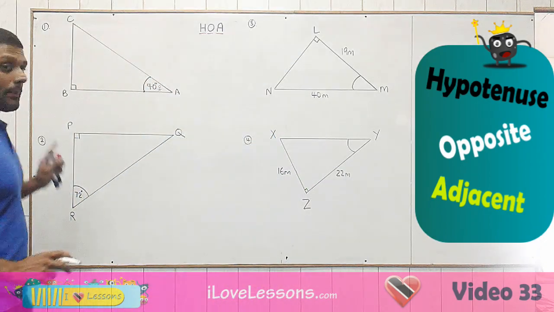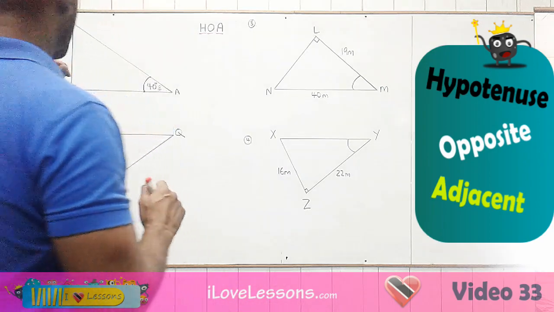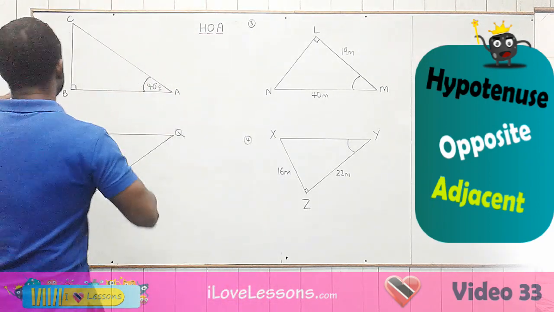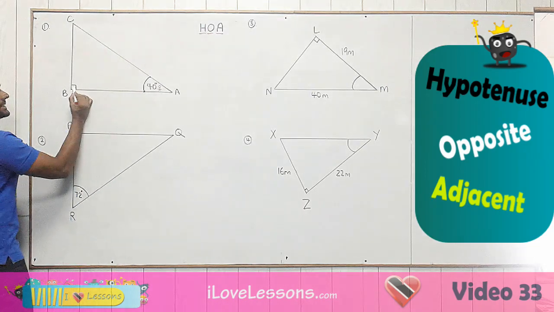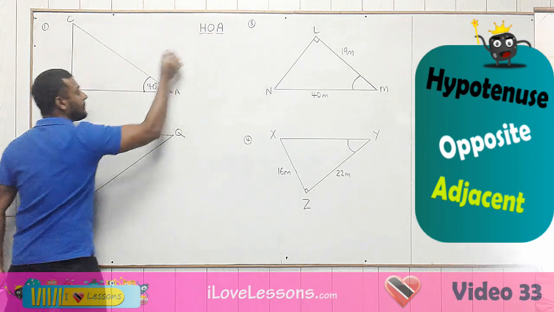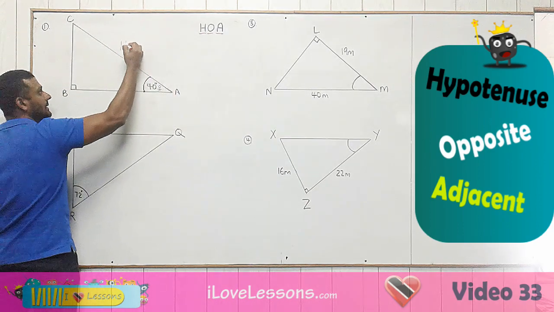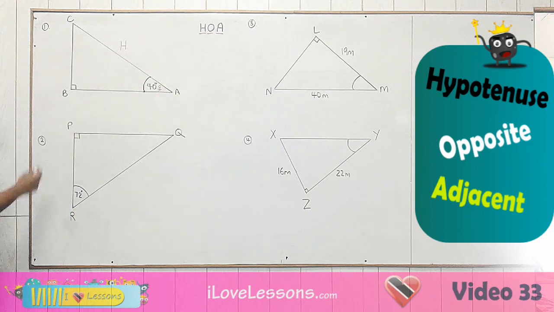So, when I'm identifying my hypotenuse, remember from my previous 2 videos, the hypotenuse is always opposite the right angle. Here's my right angle, so the side opposite is my hypotenuse. So, this side is my hypotenuse.